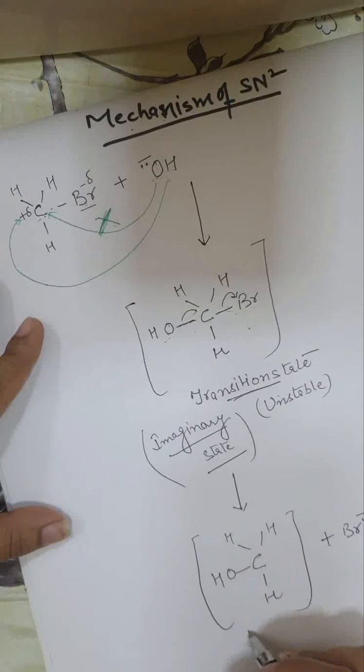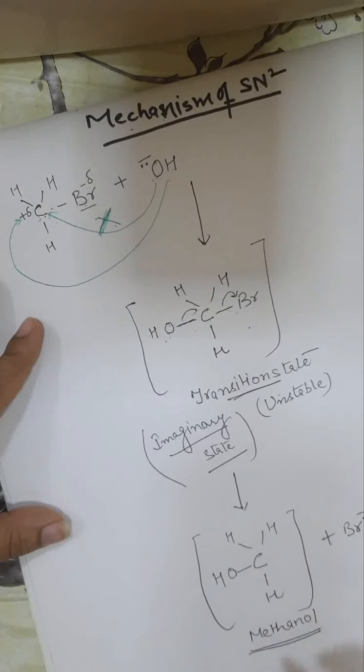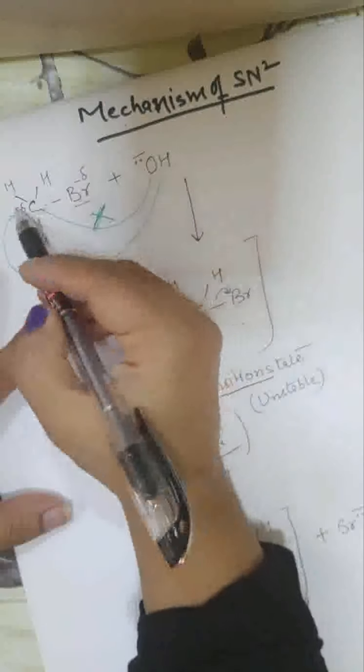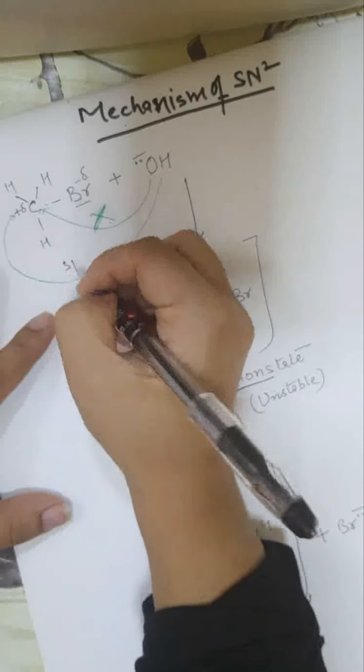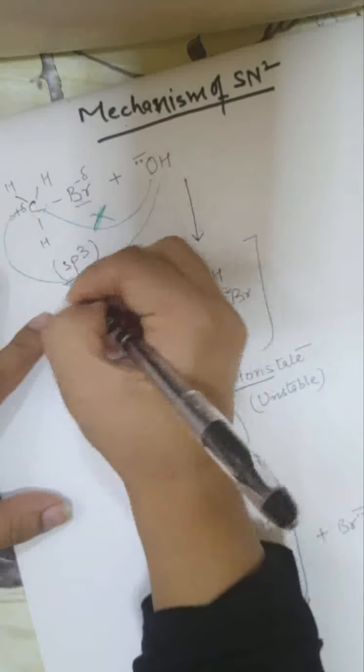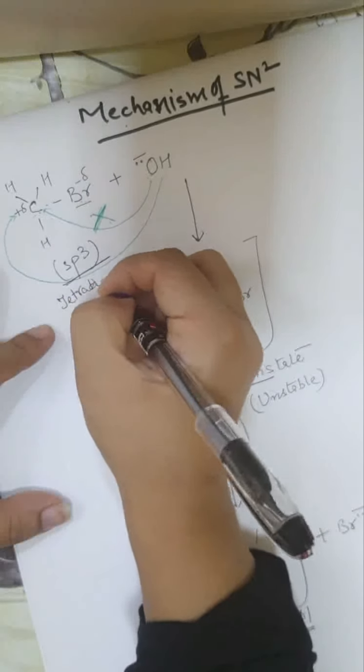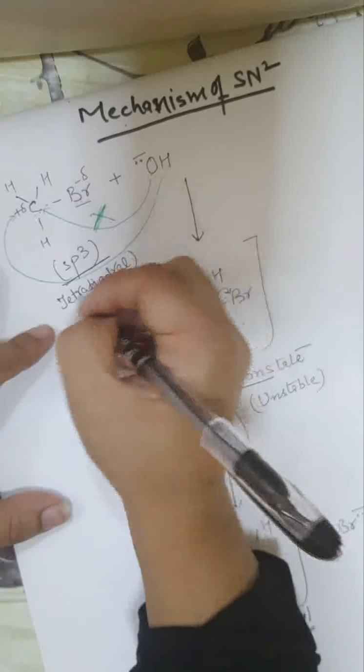Methanol is the product. In methyl bromide there is sp3 hybridization, which shows a tetrahedral shape.